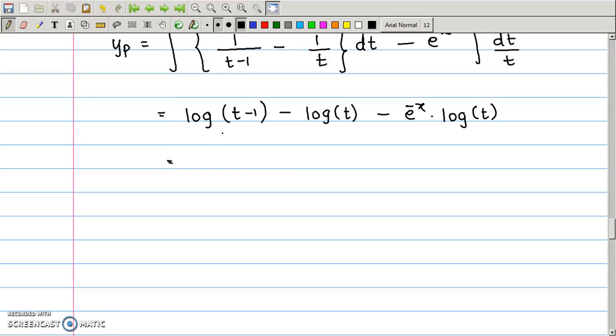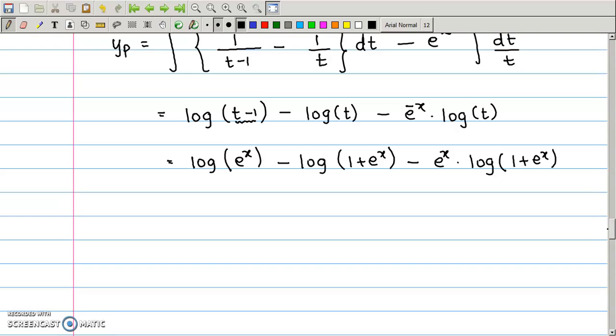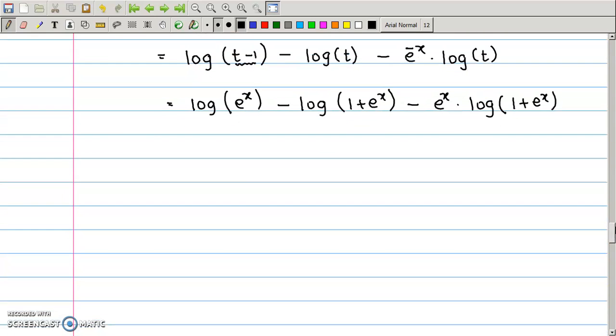We can substitute the value for t minus 1 is equal to e raised to x. So this is log of e raised to x minus log of t, where t is equal to 1 plus e raised to x, minus e raised to minus x as it is into log of 1 plus e raised to x. Now we can simplify.